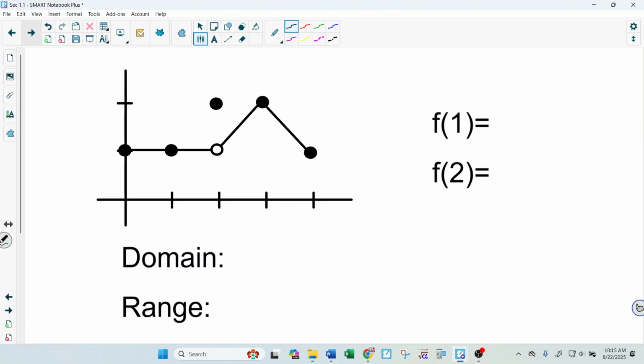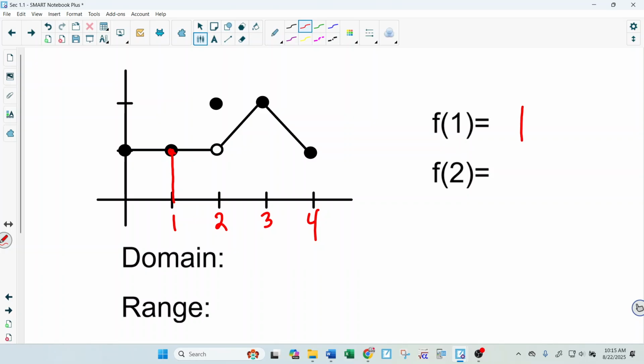We could also do this from looking at a graph. This is kind of known as more of a piecewise graph. So we remember this from before. If we wanted to find f of 1, here is 1, 2, 3, 4. So at 1, the function is at what value? 1.